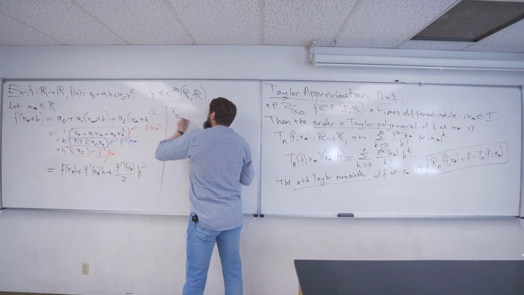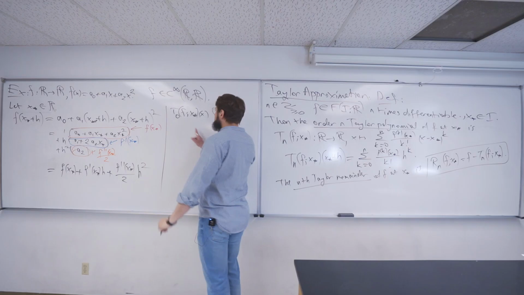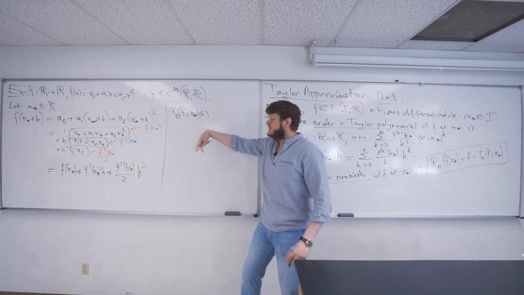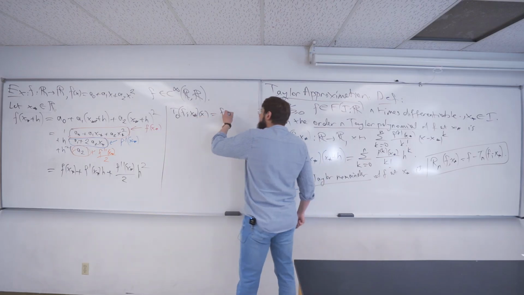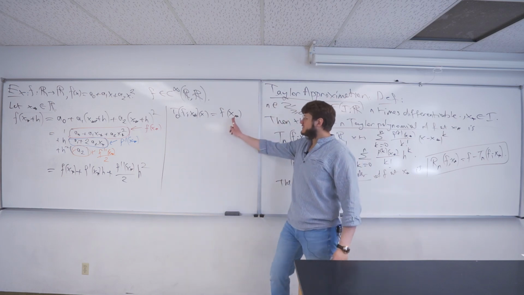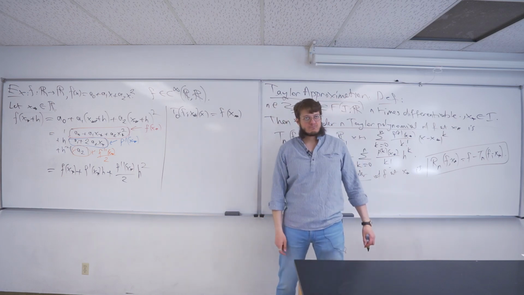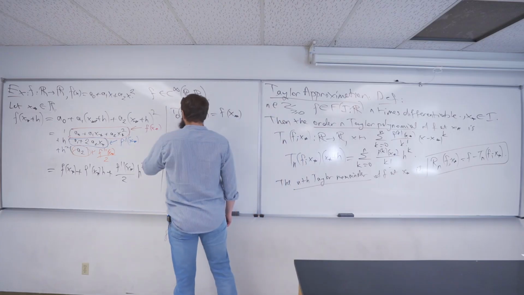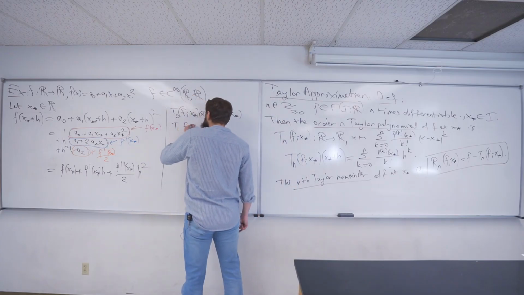Even though it's a function of x, it's a constant function. It's a degree 0 polynomial. Okay, this is constant in x. What is T1?